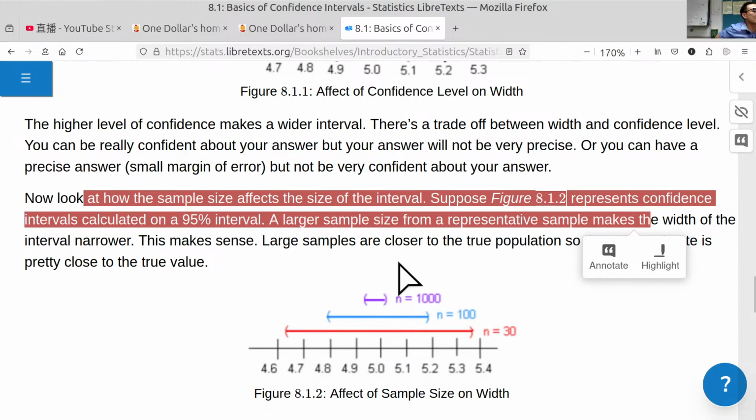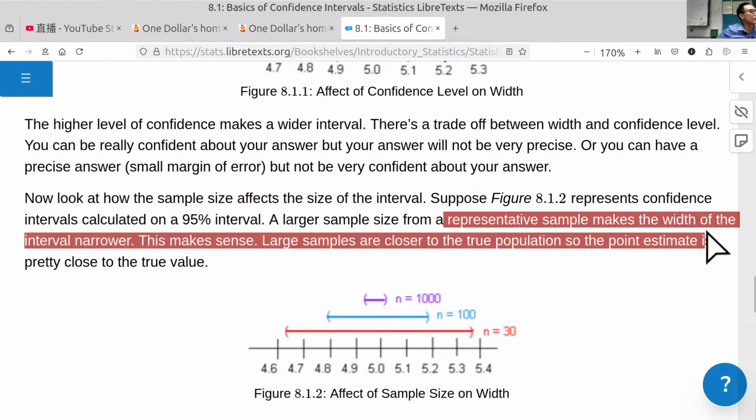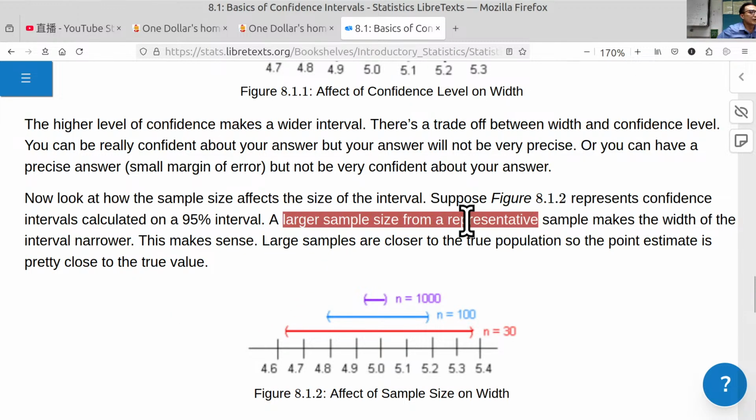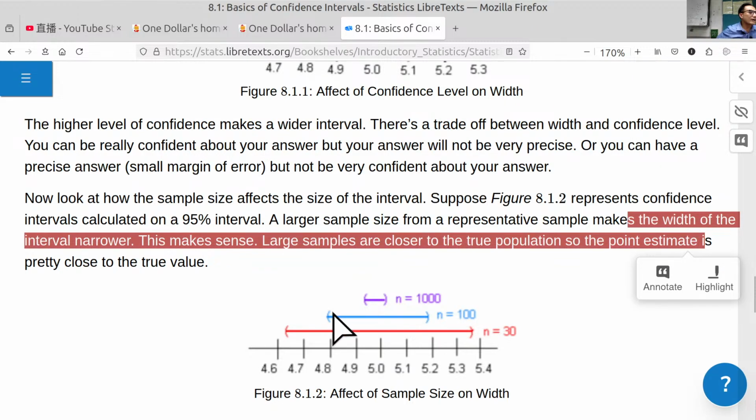A larger sample size from a representative sample makes the width of the interval narrower. The larger the sample size, the narrower the interval. Like this one, the sample size is 1000. The range is very narrow at a 95% level. Okay.